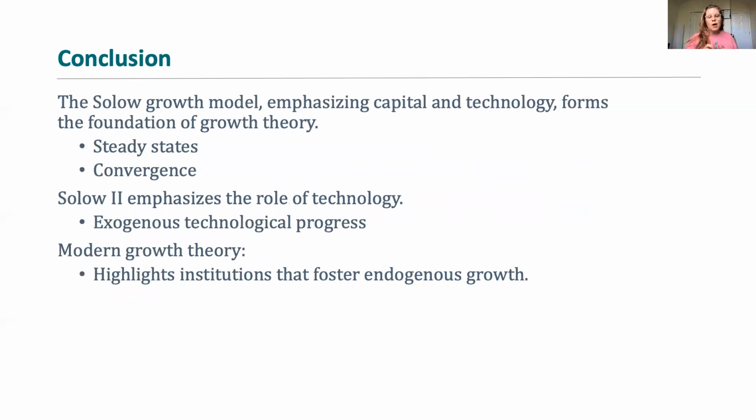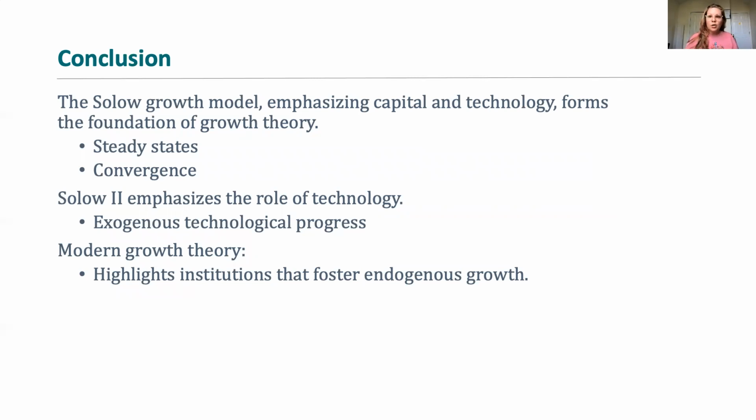The Solow growth model really emphasized capital and technology as the foundations of economic growth theory, but that implied a steady state, meaning we eventually stopped investing in capital and we saw a convergence of real per capita GDP across nations. That model just wasn't sufficient to explain what was happening.